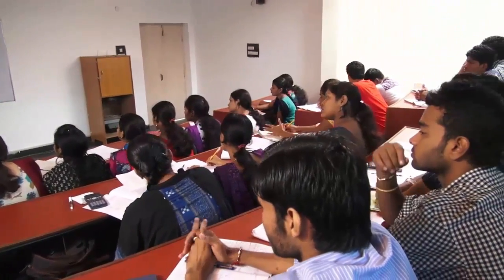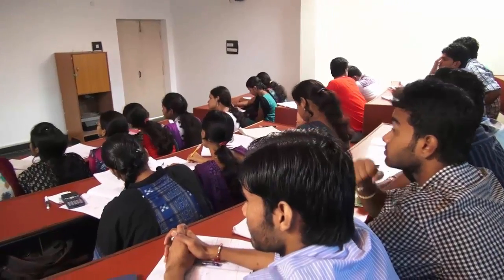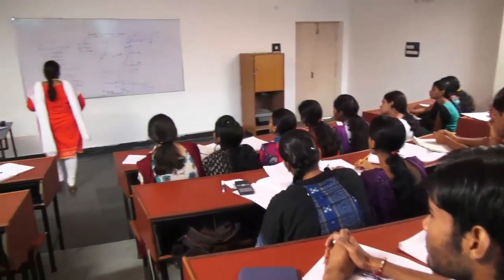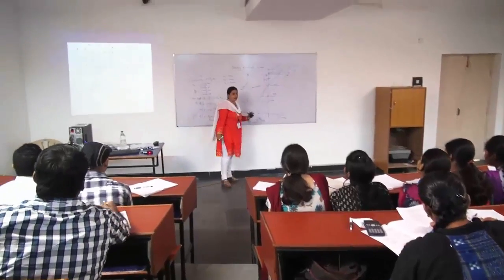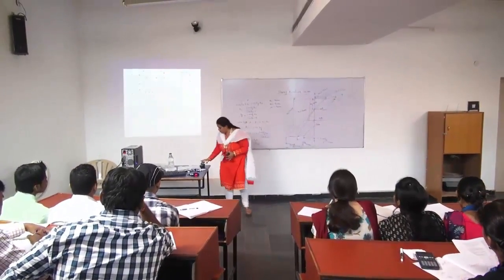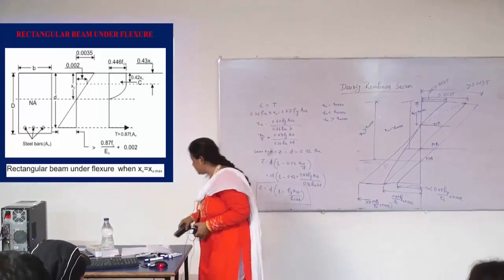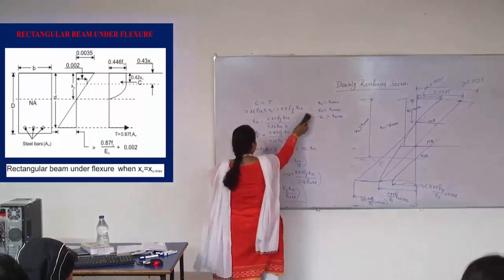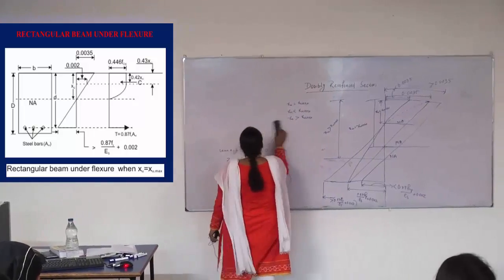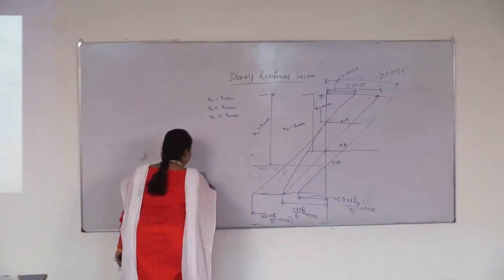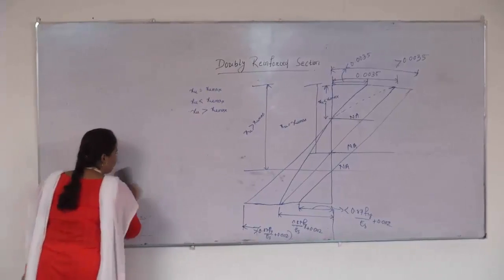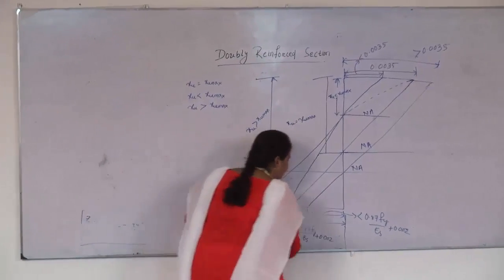Okay, now all of you know about the concept regarding this. So I am going to give some steps about the doubly reinforced section. In the doubly reinforced section, what you have to do first? First you do the analysis part, and another is the design part.